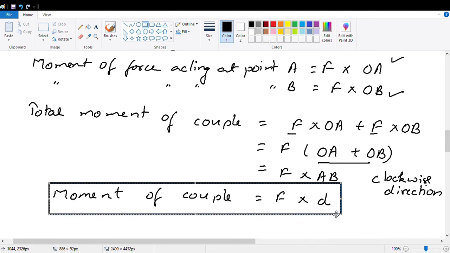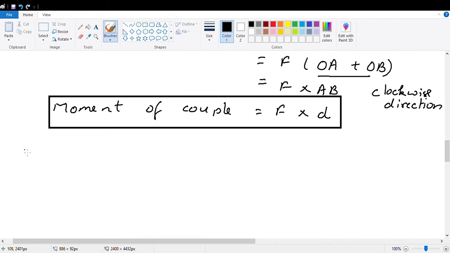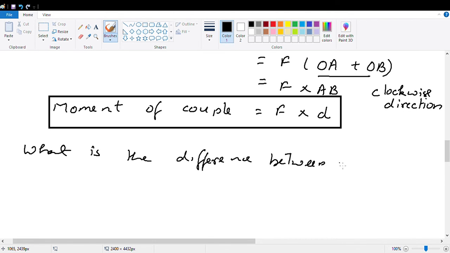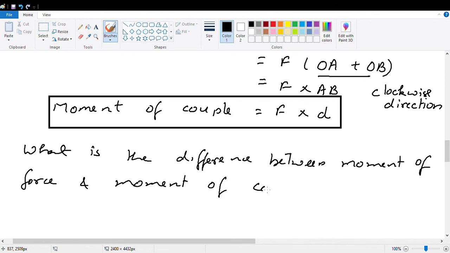Now a question arises, sir, what is the difference between moment of force and moment of couple?